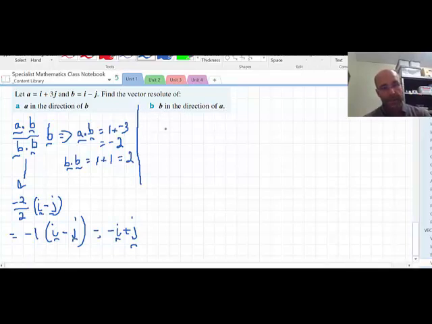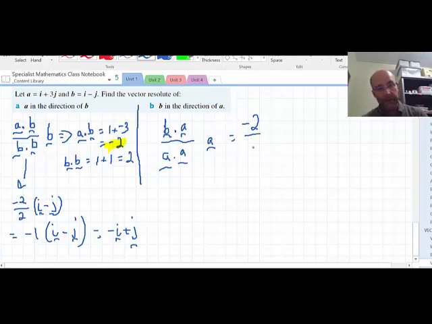Let's look at the next one, B in the direction of A. It's just showing the adaptability of the formula. We interpret the formula using what we've got to find, and it would be B dot A over A dot A times vector A. Because of commutativity, B dot A is the same as before, so we have negative 2 on the top.